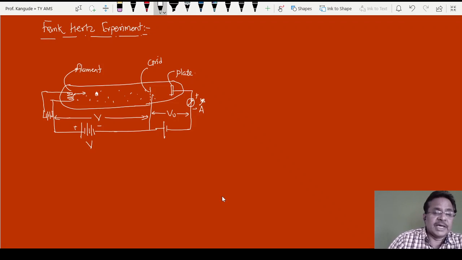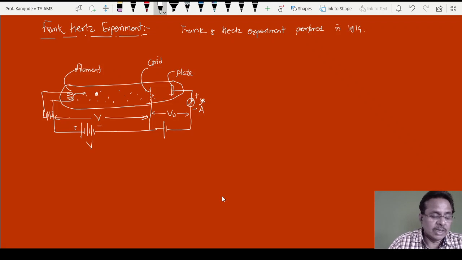The Frank and Hertz experiment. These are the names of the two scientists. The experiment was performed in 1914, after the Bohr theory or Bohr model was put forth.